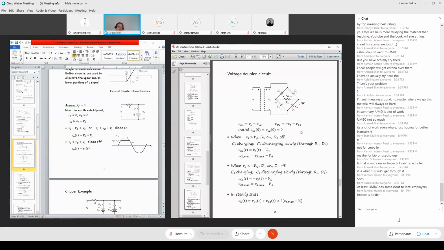Then the capacitor voltage becomes almost constant, nearly at its peak, and this peak constant voltage is what we produce across the load. So this is the voltage doubler circuit. Any questions?